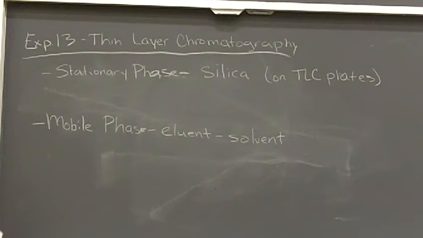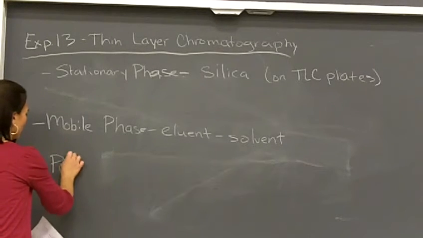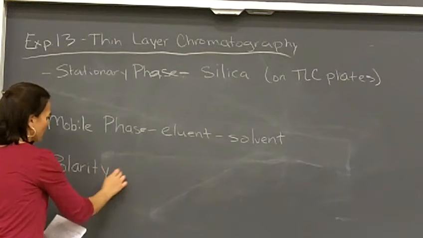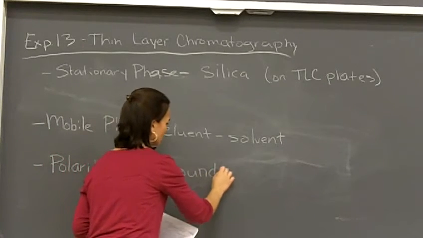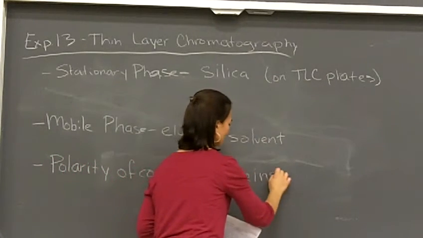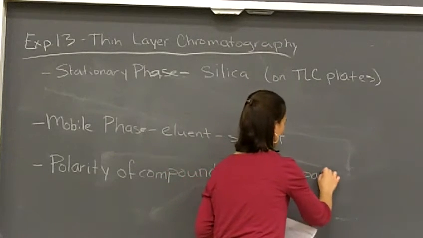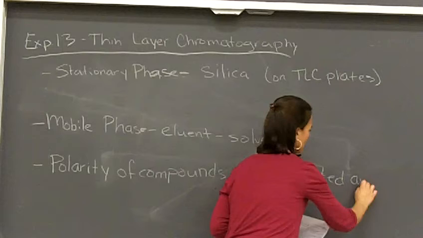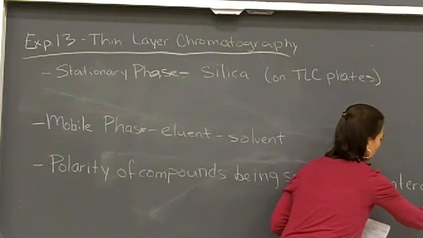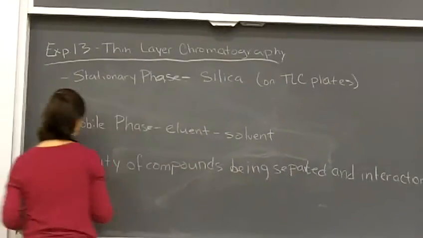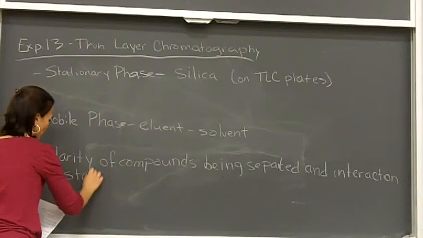Now, gel permeation chromatography, we had separation based on size. Gas chromatography, we had separation for the most part based on boiling point. This separation is based on the polarity of the compounds being separated. And there's this interaction going on with those compounds and the stationary phase and the mobile phase.